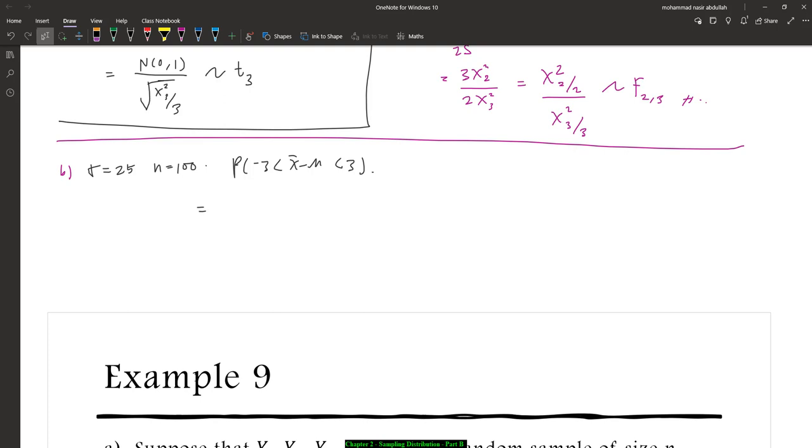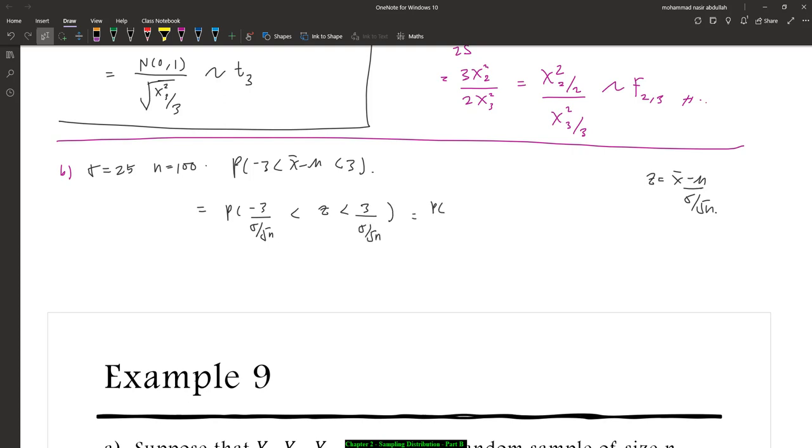So this should be the probability of negative 3 over sigma over square root of n, where Z equals X bar minus mu over sigma over square root of n. So this is the Z distribution, 3 over sigma over square root of n.